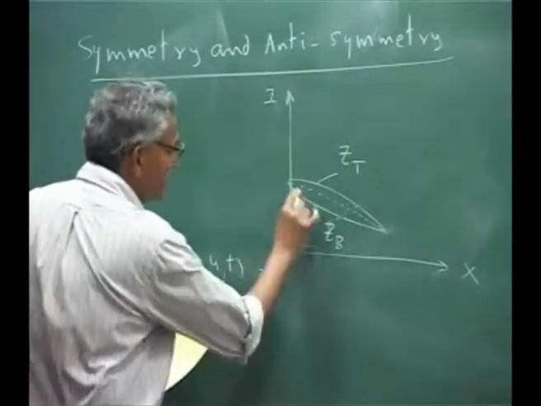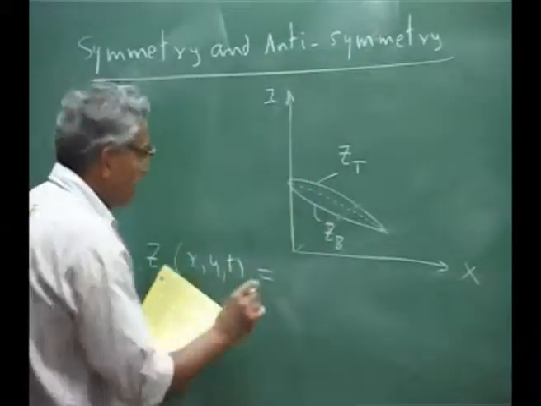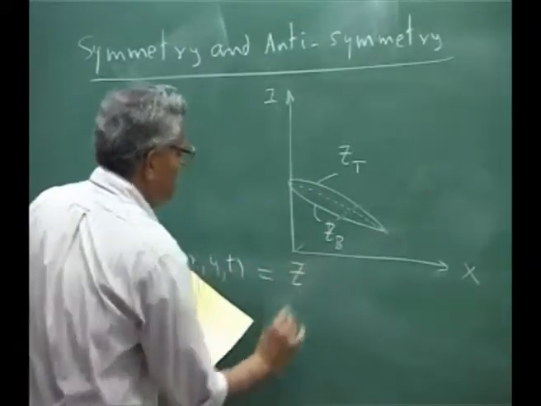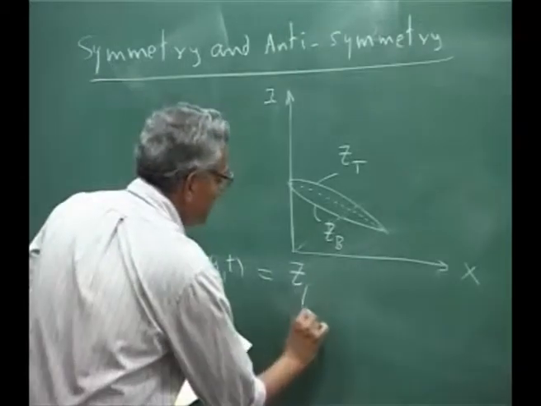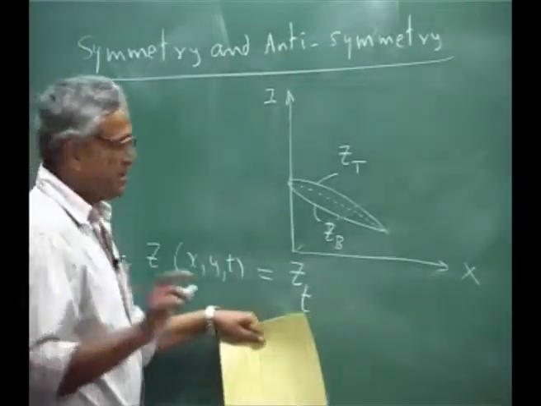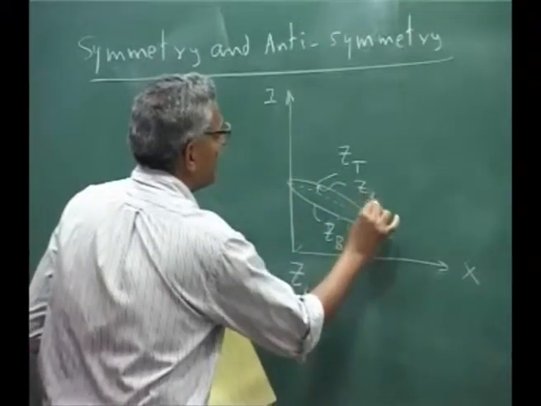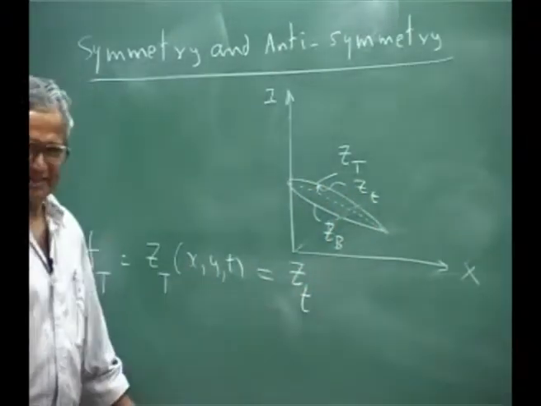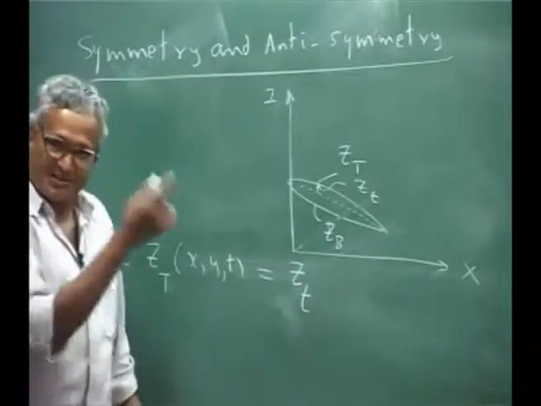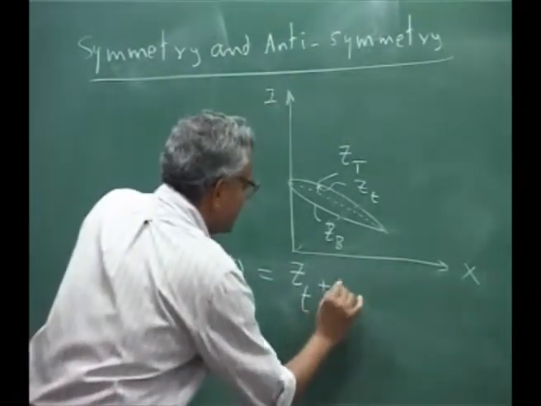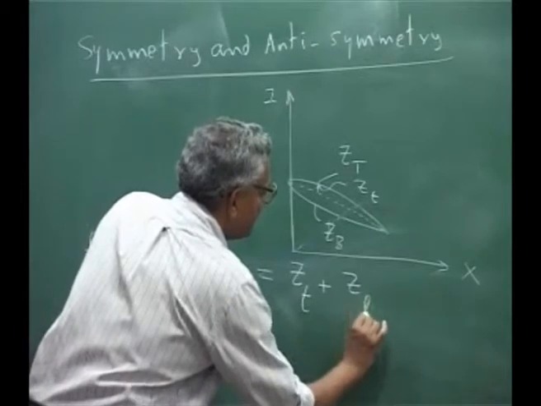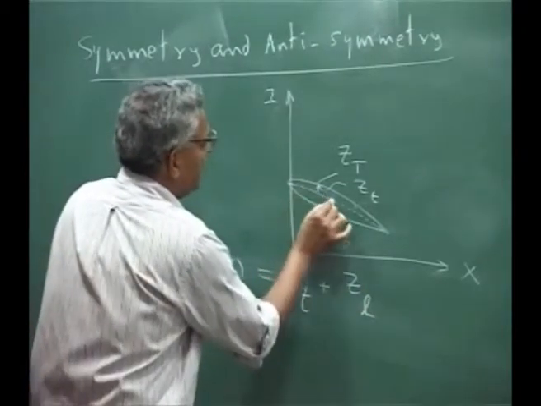I am going to write it in two parts. One is Zt, you take it as t is thickness, this is Zt. You may say Zt by 2, but the 2 is absorbed in Z itself, plus Z lifting.